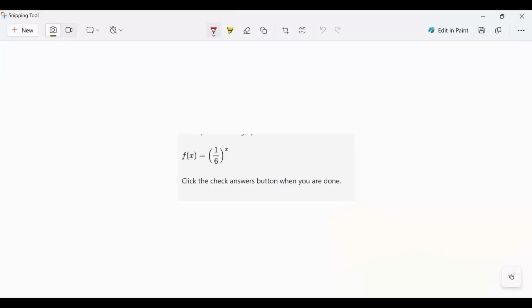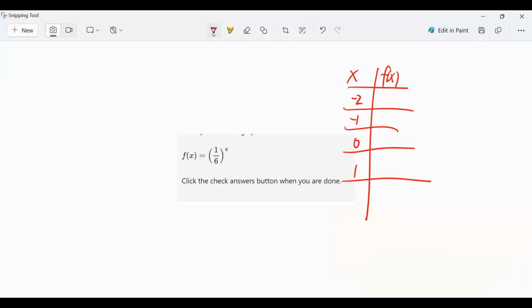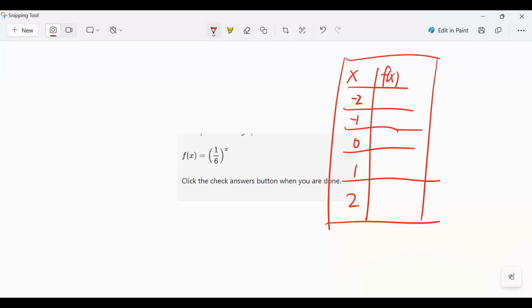One more time, let's create a table here. x, f of x. You're going to do negative 2, negative 1, 0, 1, 2. Okay, let's do it. Create a graph and then we go from there.